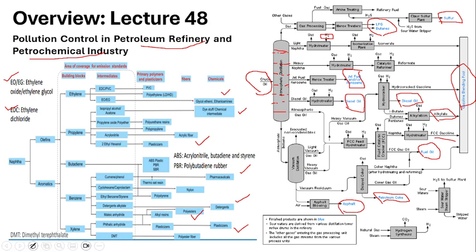And whatever products are formed here will also have some volatile organic compounds. Those volatile organic compounds are another form of pollution. These are the different pollutants from the different stages we have to keep in mind before releasing them into the atmospheric air. Okay.